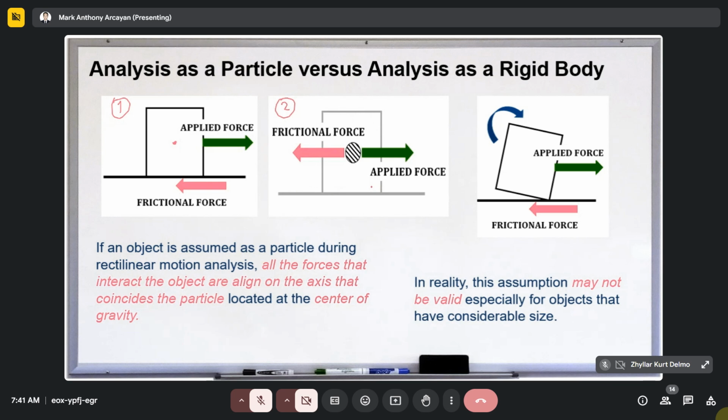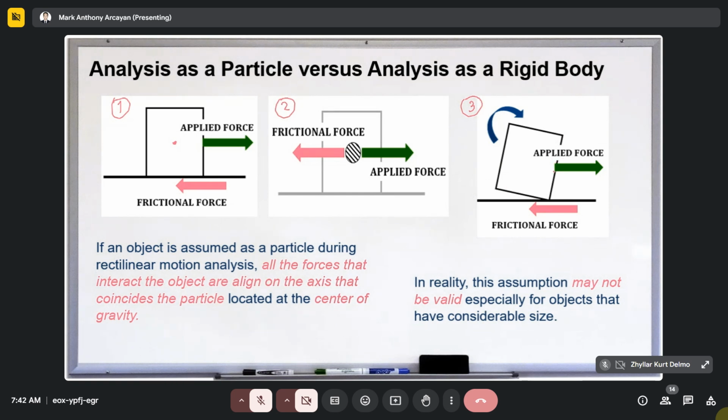However, if the object is large enough compared to its track or its path of motion, then I think this kind of analysis is not valid anymore, because changing the location or the point of application of the frictional force greatly affects the analysis as shown on the third figure.